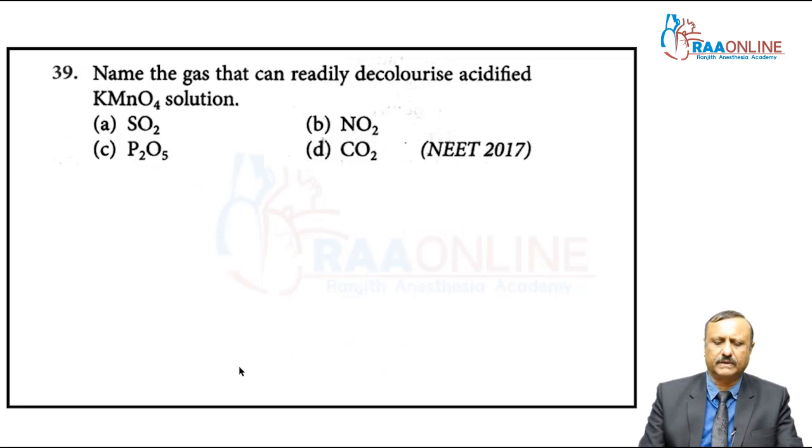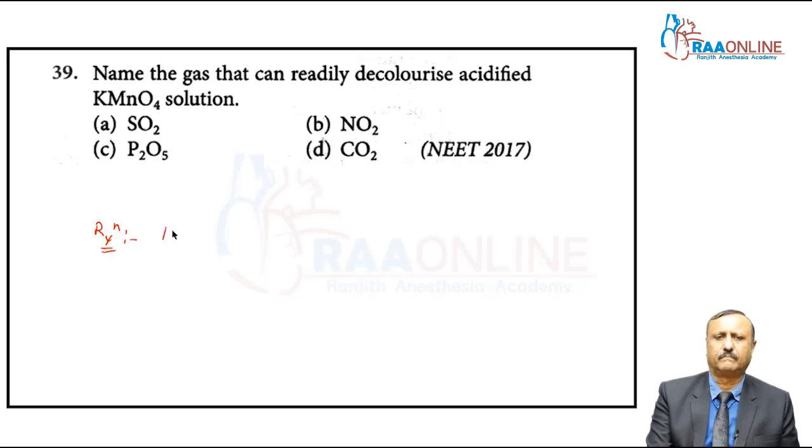Now we see question number 39. Name the gas that can readily decolorize acidified KMnO4 solutions. My dear students, what is the reaction? You can see this in the KMnO4 reaction.